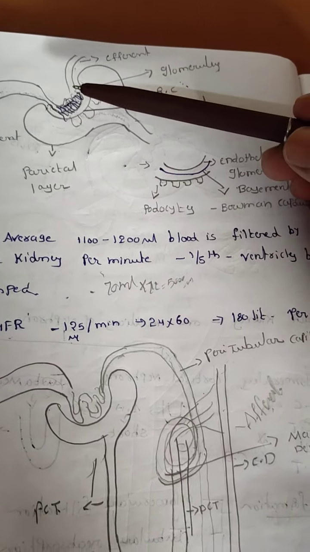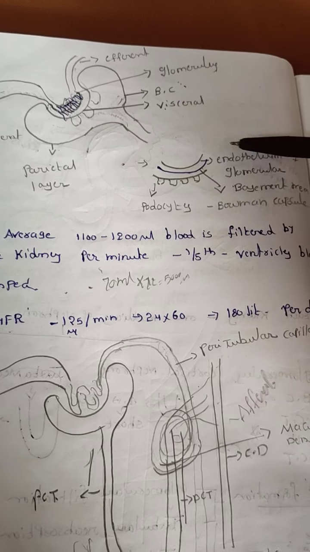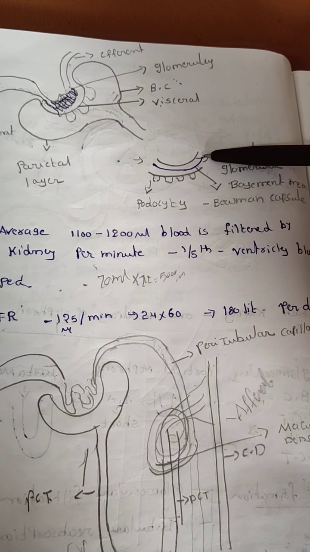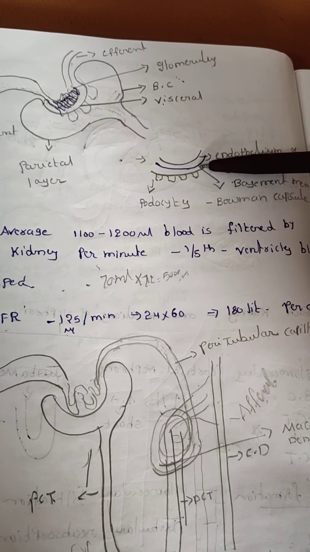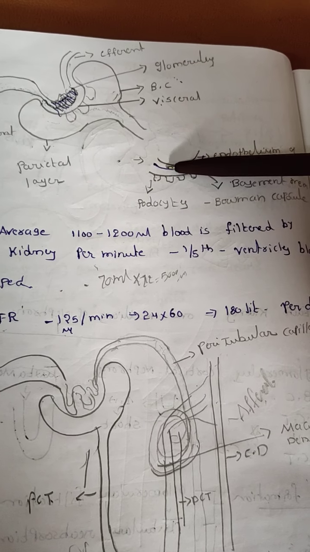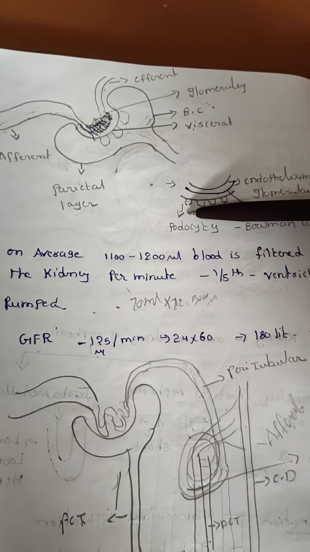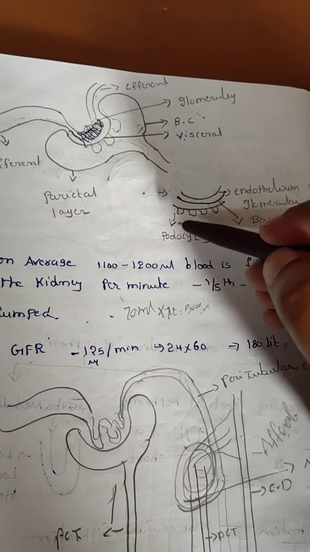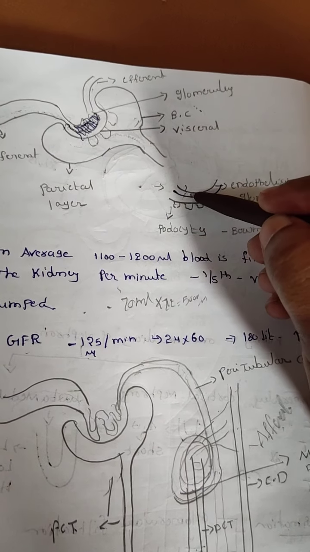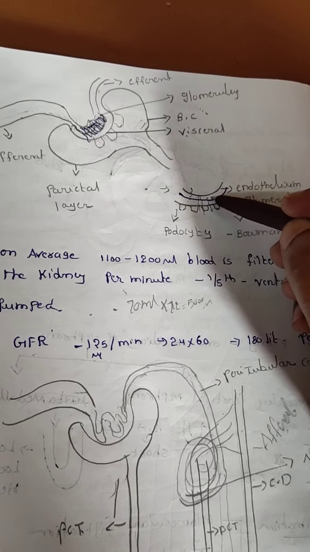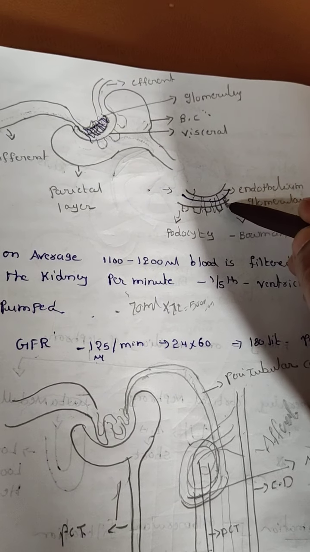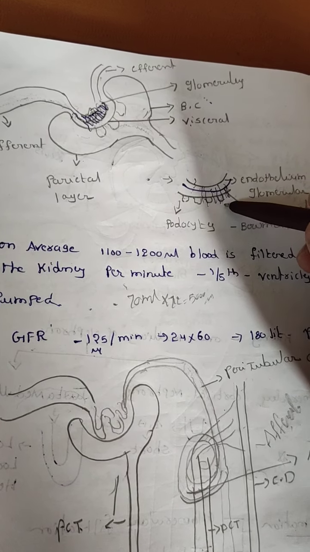The blood first touches the endothelium of the glomerulus, next the basement membrane, and next the visceral layer of the Bowman's capsule with its podocytes. When the blood enters here, filtration takes place. How the filtration takes place, we can discuss later.